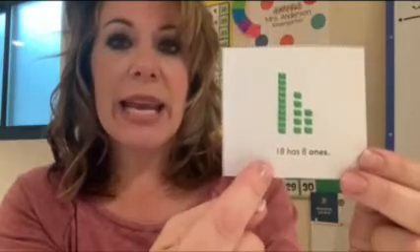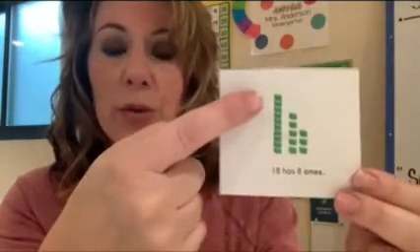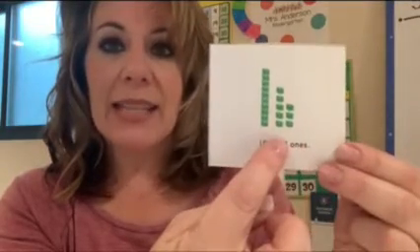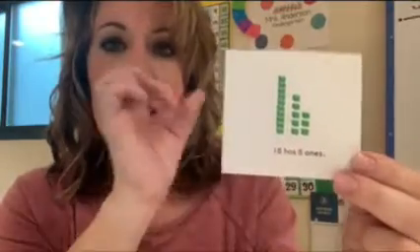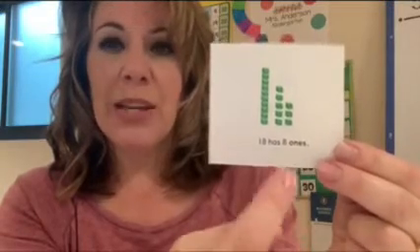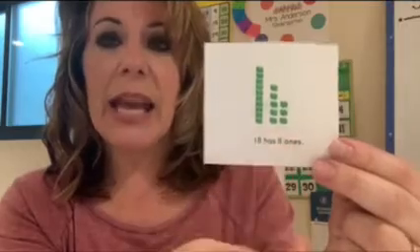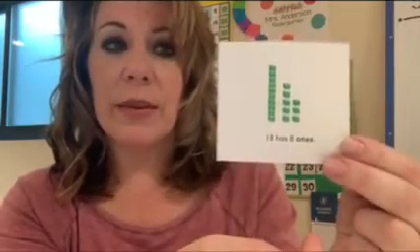I know that 18 has one group of 10 and my next digit is an 8. So that means that I have 8 ones. And when we're saying ones, we're talking about those little single cubes, right? I don't have enough to quite make a group of 10, but I have 8 ones. Okay, good.